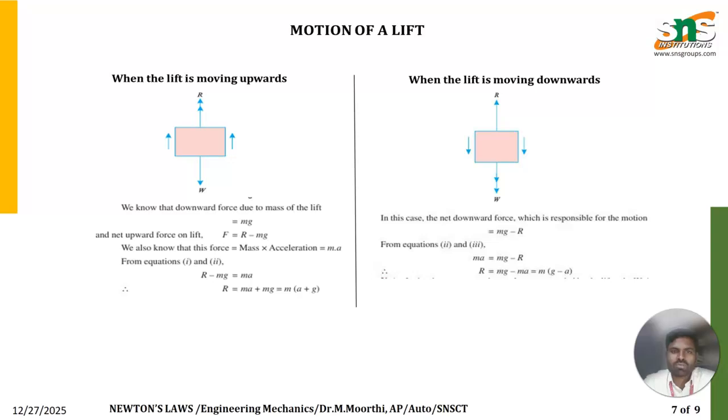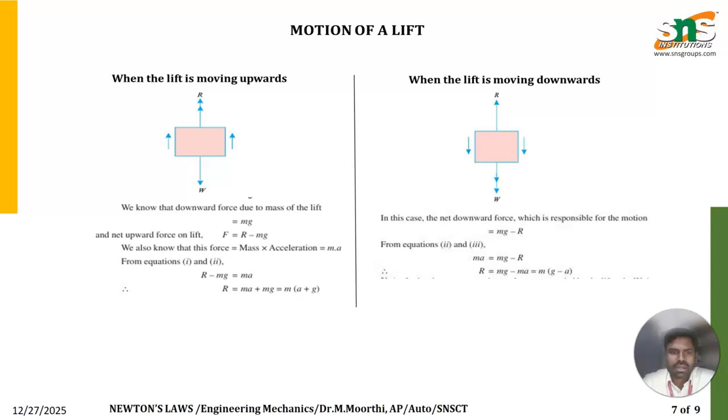First, the lift is moving in the upward direction, against gravity. We have the downward force due to the mass of the lift, the self weight of the object, and the object is moving upward. On the right side, the lift is moving in the downward direction. The self weight always acts towards gravity, and the direction of motion is downward.